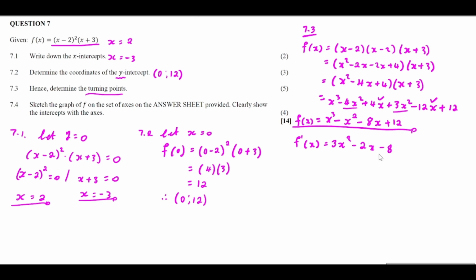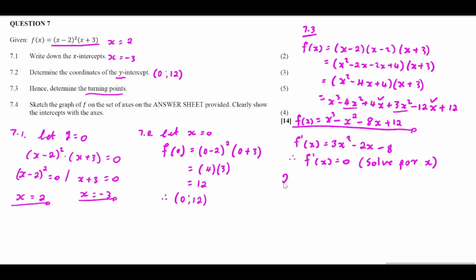The derivative of a constant, remember that it is a constant, is 0. And then we're going to equate the derivative to 0, and solve for x.